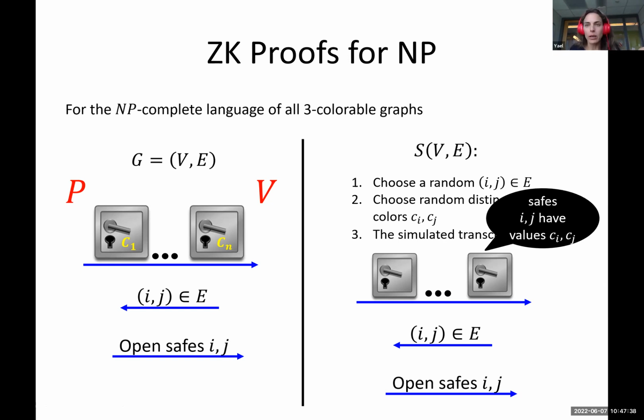I can put nothing because I'm not going to open them anyway. Then I'm going to open the two safes with the two random distinct colors. It's exactly the same distribution. What you see here and what you see in the real protocol is the same.